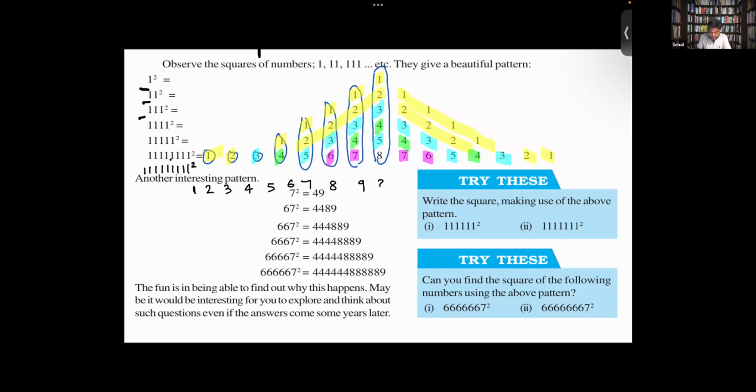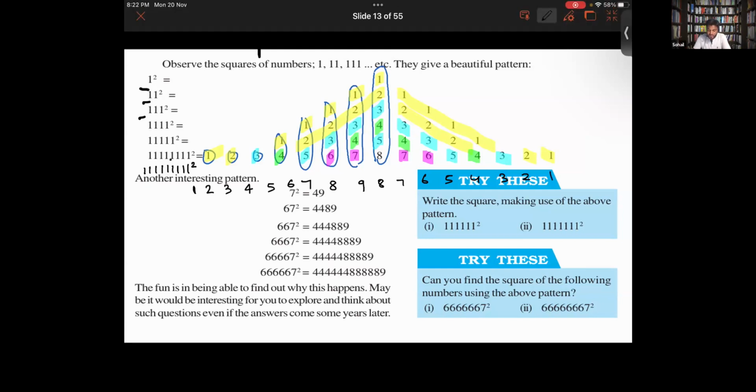Then again it will start receding, 8 7 6 5 4 3 2 1, right now. So we can check it out for this as well, like 1 is common here, 1 is common here as well, here also it is common. We can check it for 2 here, 2 is also common here, right?